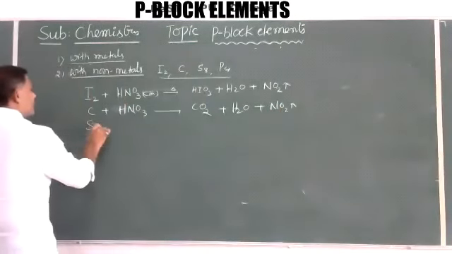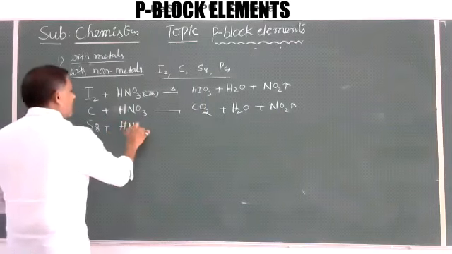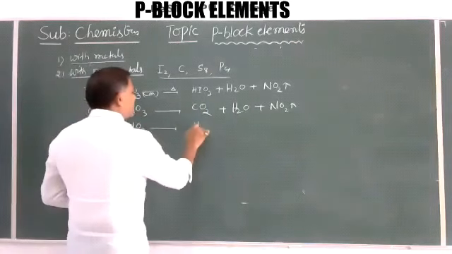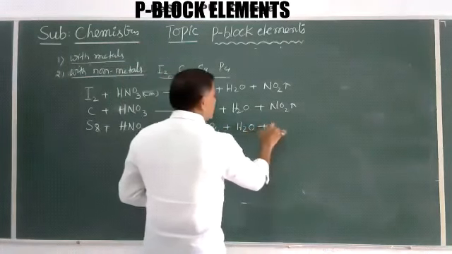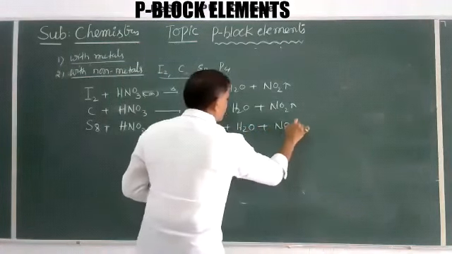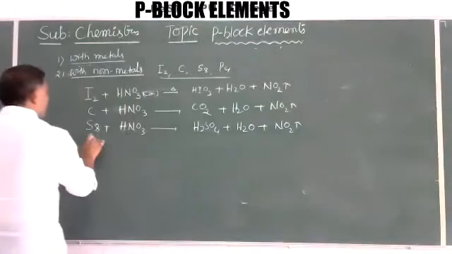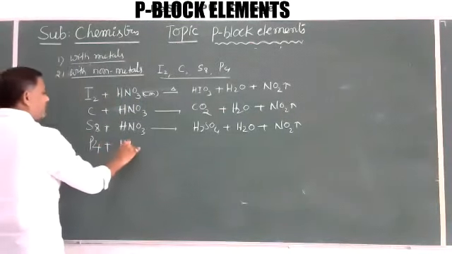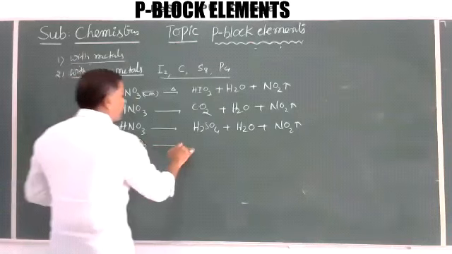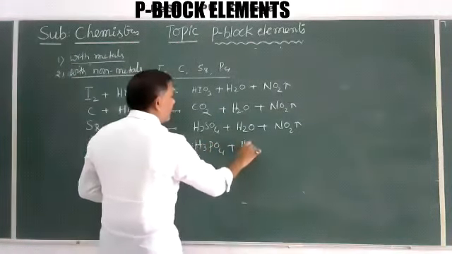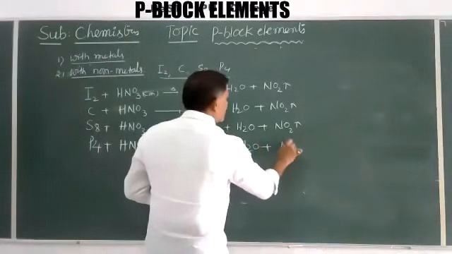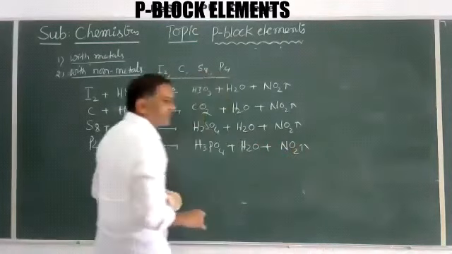The S8 molecule reacts with HNO3 and gives H2SO4 plus water plus NO2 gas liberated. Now the P4 molecule reacts with HNO3 and gives H3PO4, phosphoric acid, water plus NO2 gas liberated.